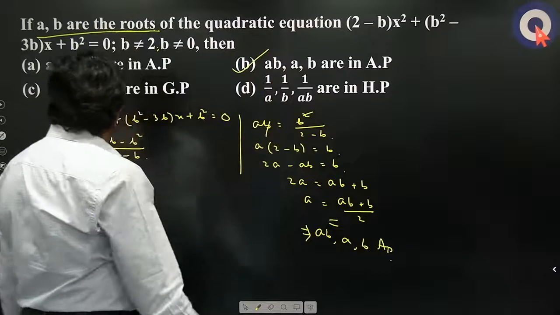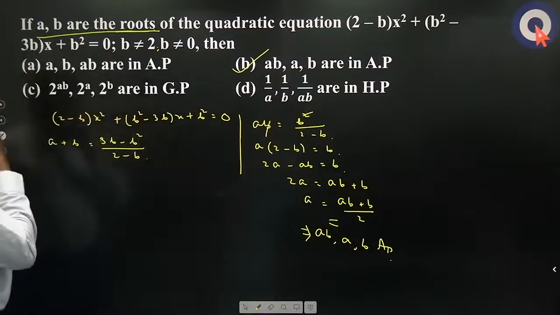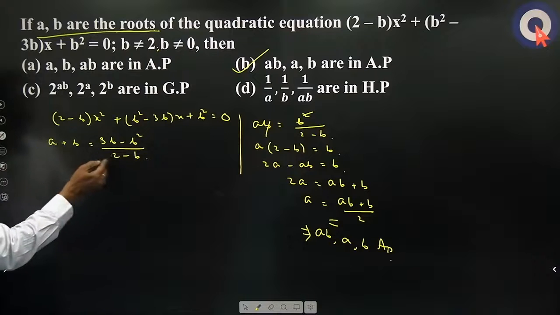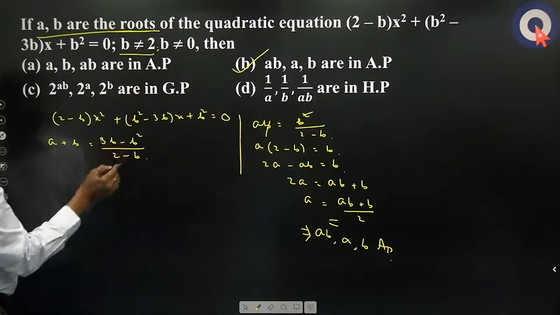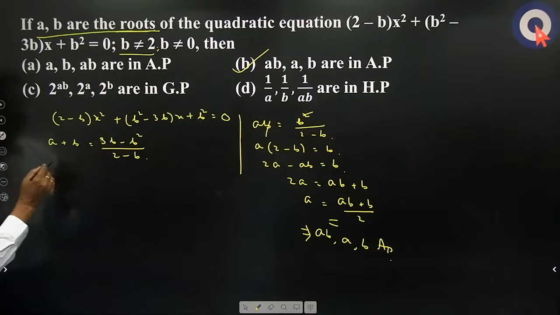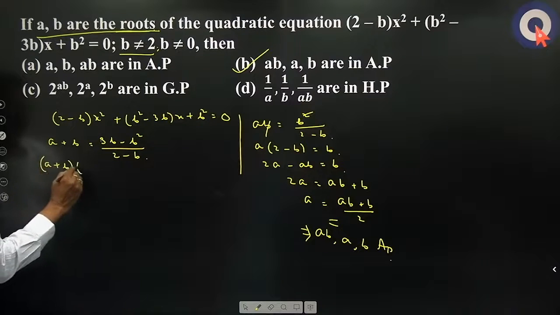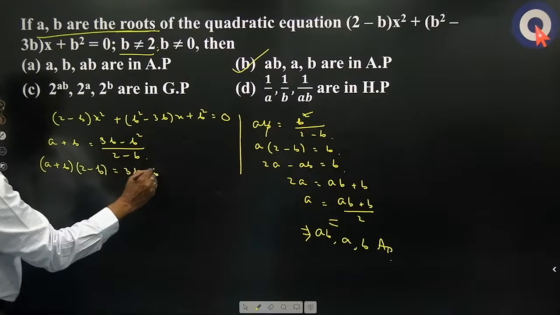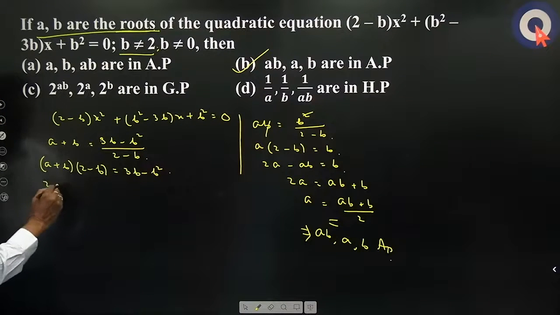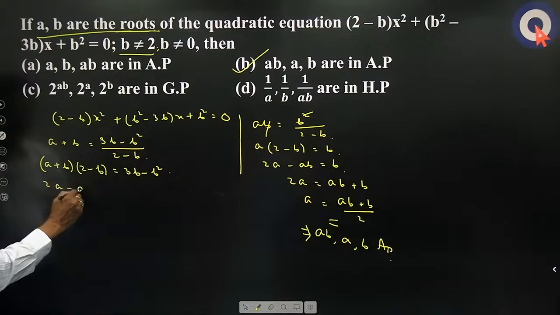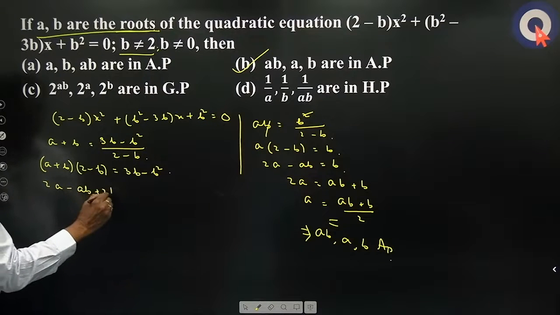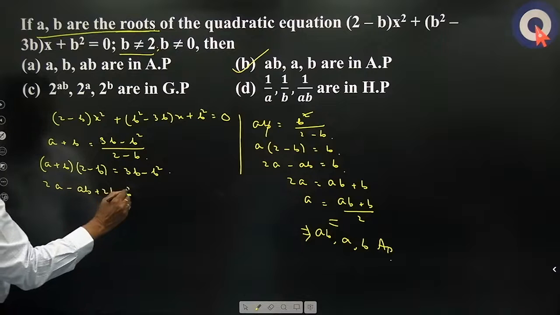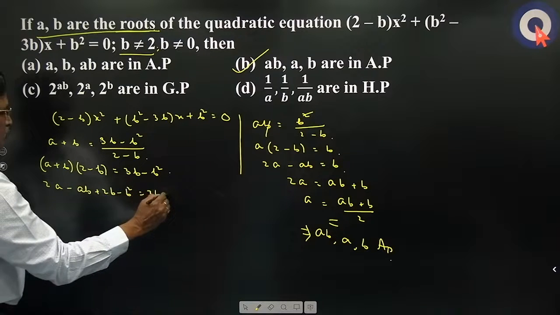Now, when it comes to this one, since b is not equal to 2, I can just multiply both sides with 2 minus b to get a plus b into 2 minus b is equal to 3b minus b square. So therefore, I have 2a minus ab plus 2b minus b square is equal to 3b minus b square.